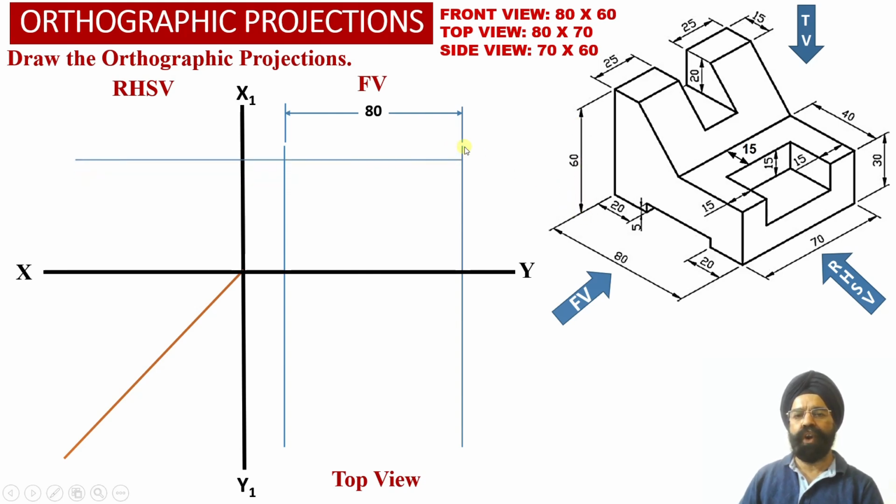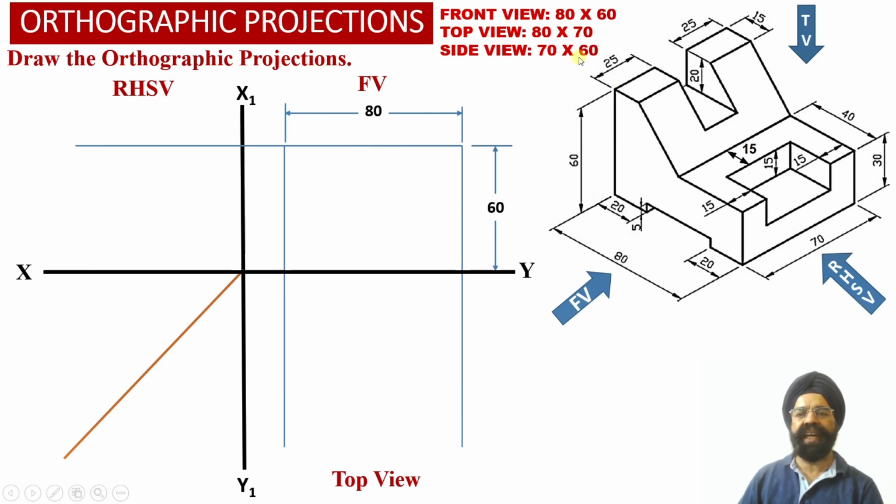So now we have drawn a horizontal projector line at a distance of 60 millimeter from the XY reference line into the front view orthographic projection view, and we have extended this horizontal projector line into the right hand side view projection area as well, because we know that in the right hand side view projections we are going to require the height of the solid equal to 60 millimeter.